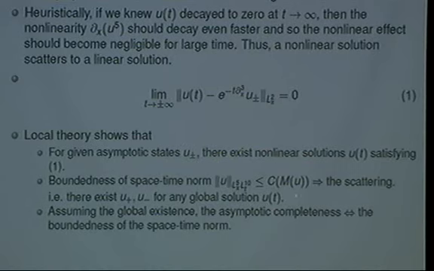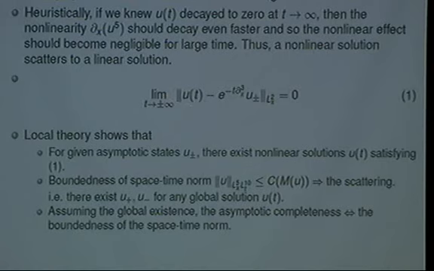If both are true, then we call the scattering fully true. Thirdly, once we know the global existence, by using the local theory, we can see that the asymptotic completeness is equivalent to the boundedness of the space-time norm.